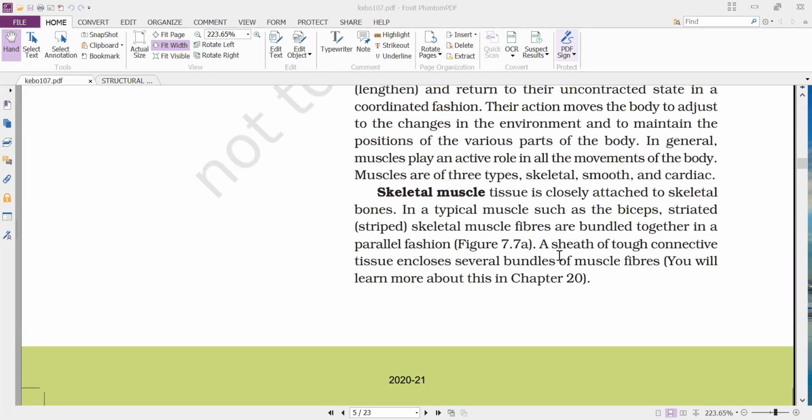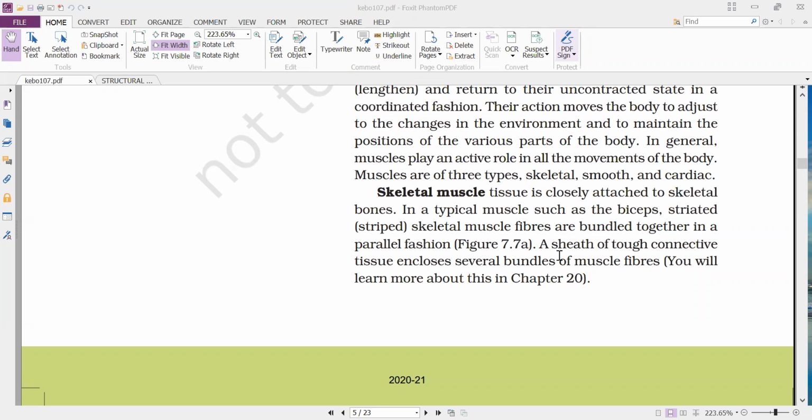In a typical muscle such as the biceps, striated or striped skeletal muscle fibers are bundled together in a parallel fashion. The skeletal muscle is also called a striated or striped muscle. Why? Because the muscle consists mainly of two proteins, actin and myosin filaments.